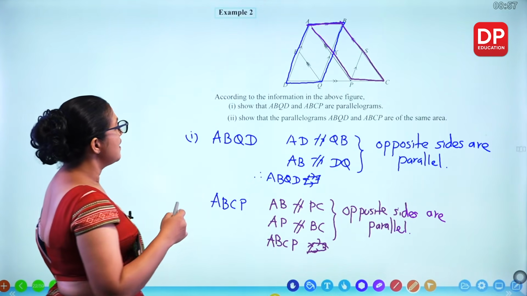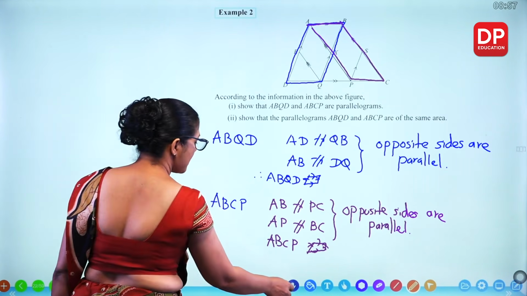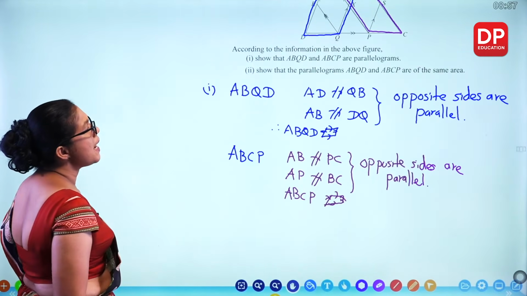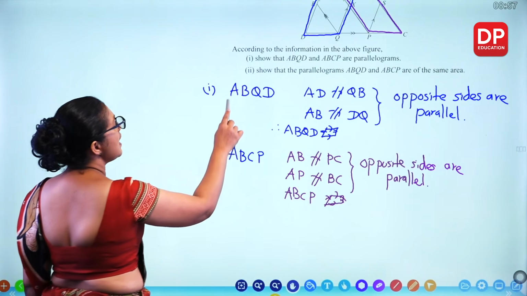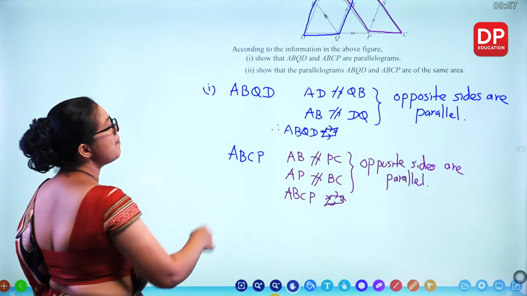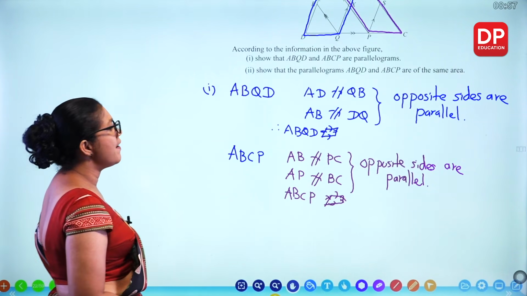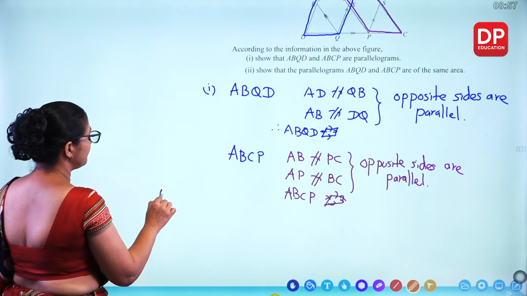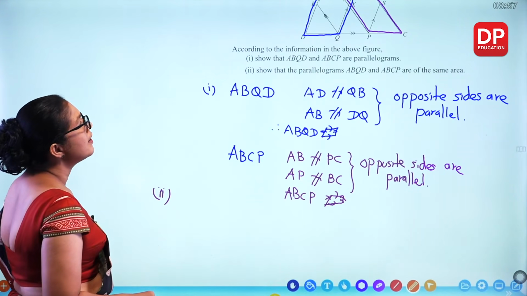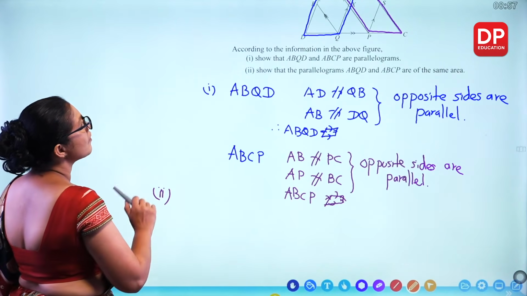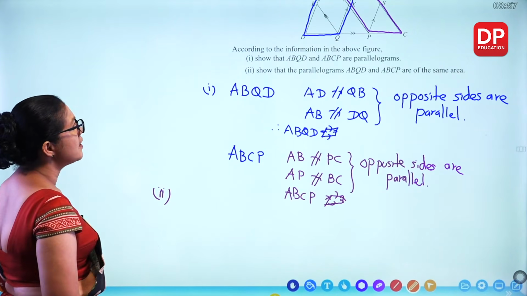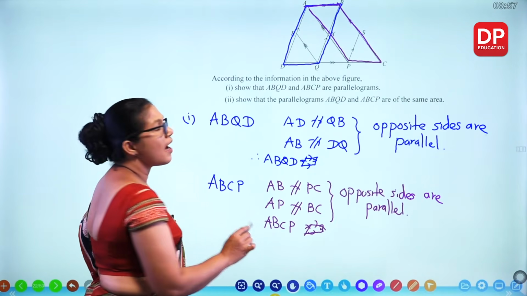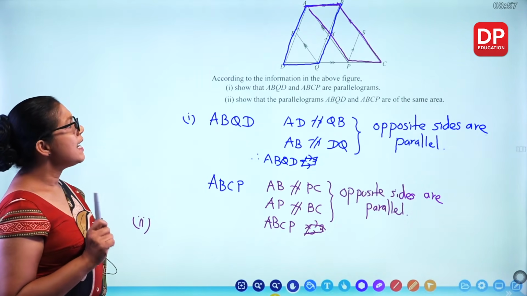That's the first part. Then the second part says, show that parallelograms ABQD and ABCP are the same area. We need to show that both are equal. What can you say about the two parallelograms? Both are on the same base AB.